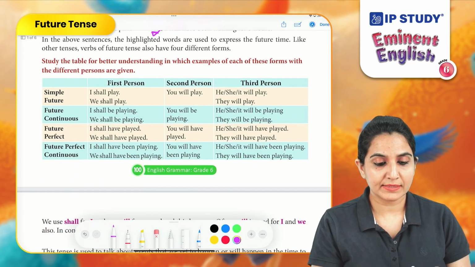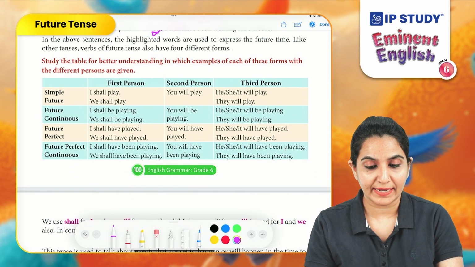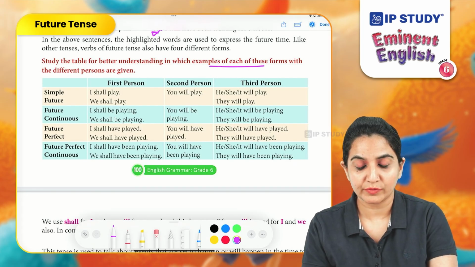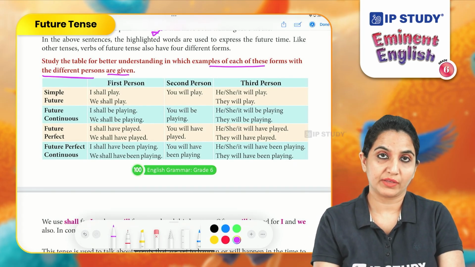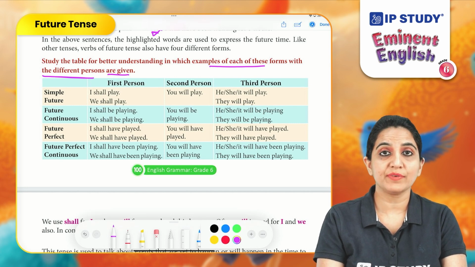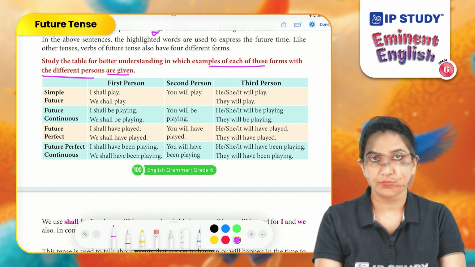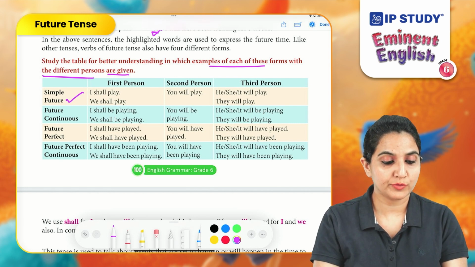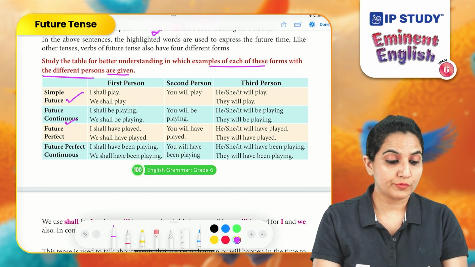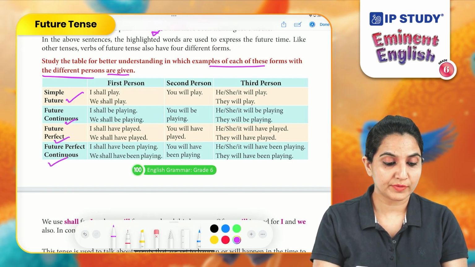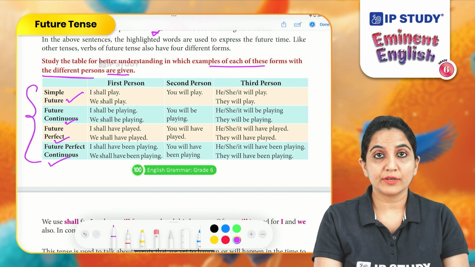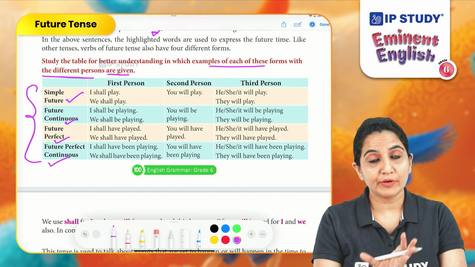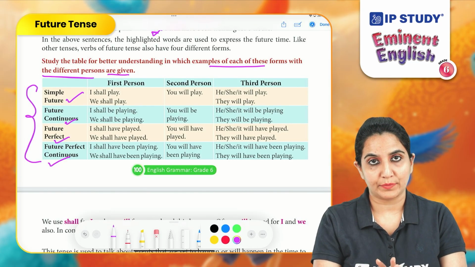Let us study the table for better understanding, in which examples of each of these forms with different persons are given. As we discussed, we have 4 types of forms: simple future tense, future continuous tense, future perfect tense, and future perfect continuous tense. All of these are future tense forms, but they are used in different ways for each statement.